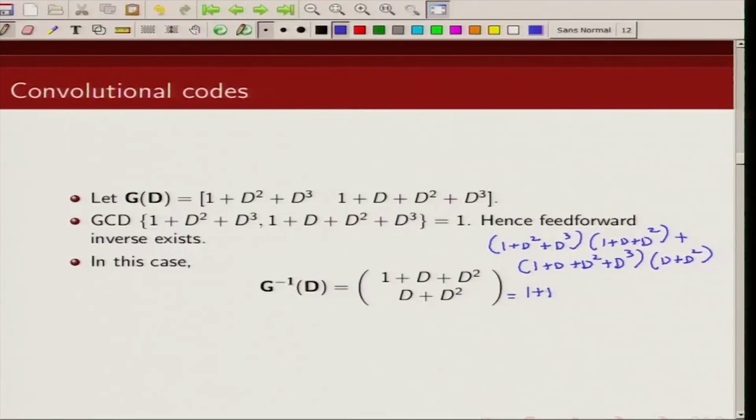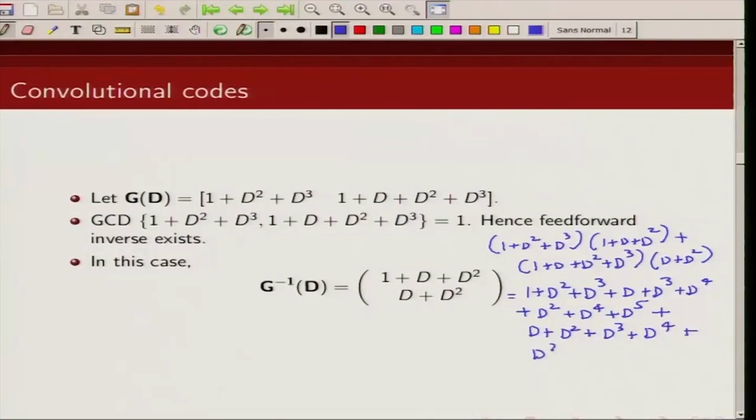This is 1 + D^2 + D^3 + D·D^3 + D^4 + D^2·D^4 + D^5, and then multiplying the other term, we get D·D^2 + D^3 + D^4 + D^2 + D^3 + D^4 + D^5.